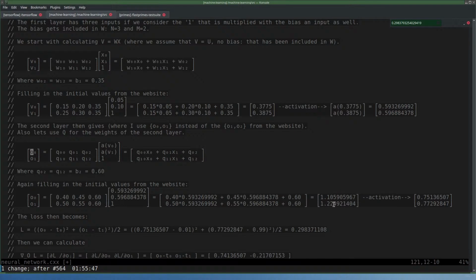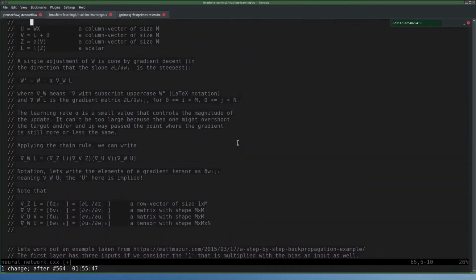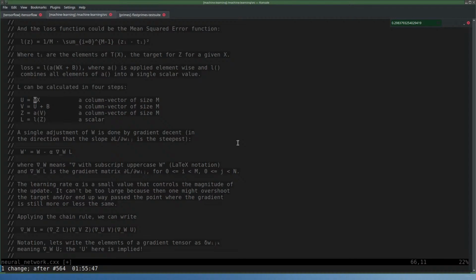So at this point, it's not O. So the activation here means that I switch to Z. Let's see. V is a result of W times X. It's not, it's U, but I skip U and it goes straight to V. And then we get Z is the result of the activation function.